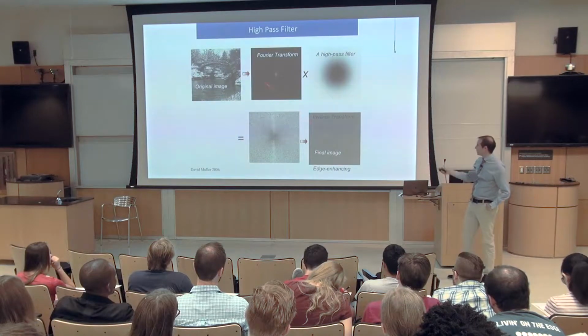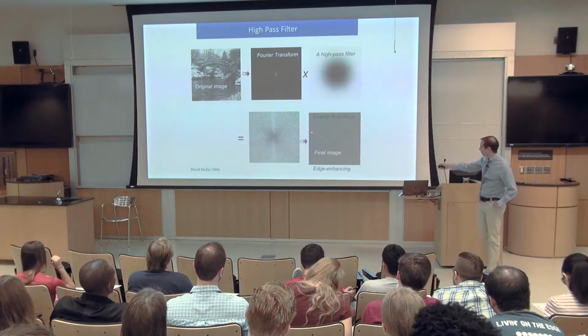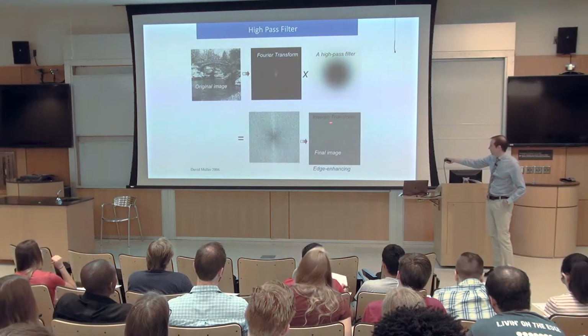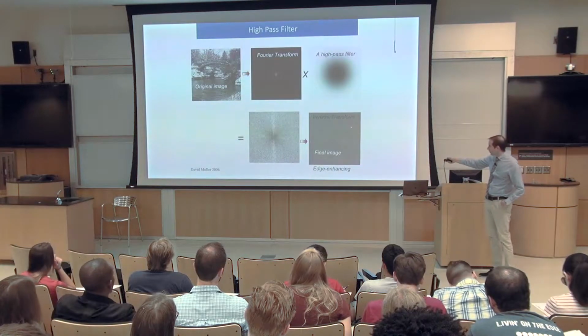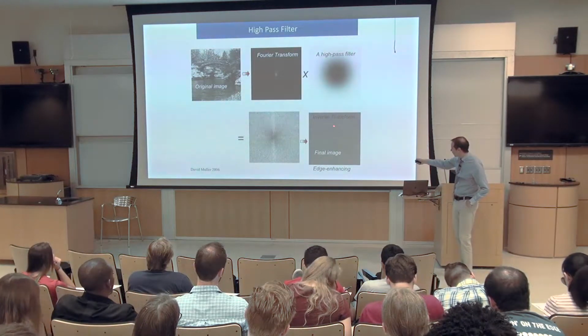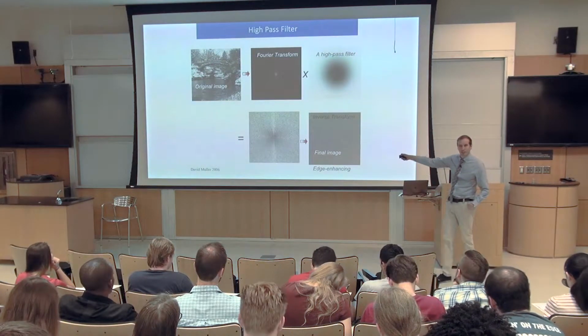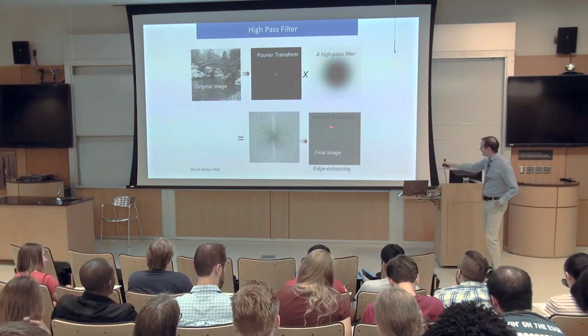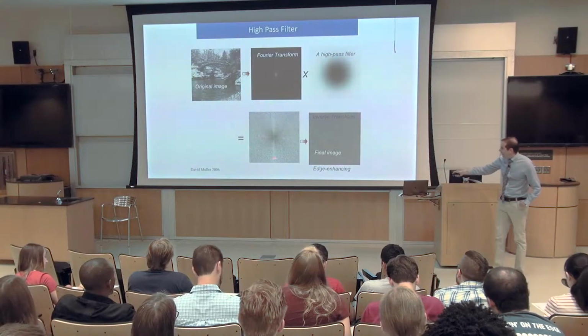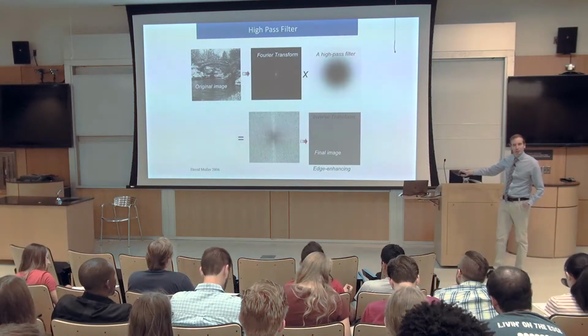Most of the information is missing in the image. However, what does remain is contrast at the edges. So I don't know if you could see it, but you can see sort of white and dark lines that correspond to the high contrast edges in the original image. Right? And that's because these edges are sharp and they contain high frequency information.